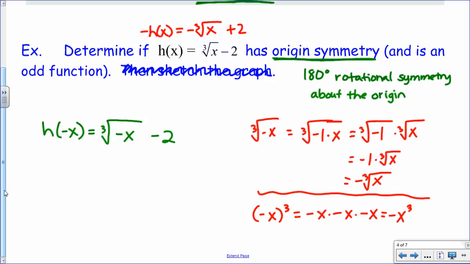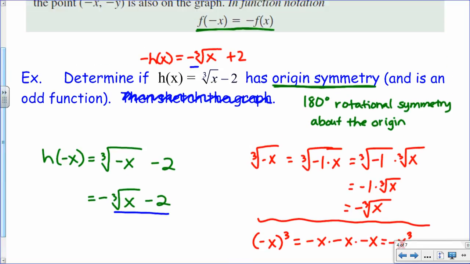Okay, so that being said, I have an odd root. That means I can pull out the negative. Nothing with the 2 though, so that's just still minus 2. So I'm looking to see if it's odd. Is this the same as this? No. So it's not odd.